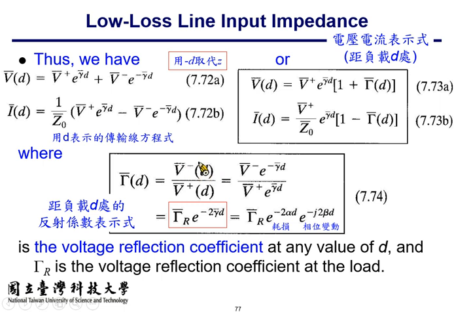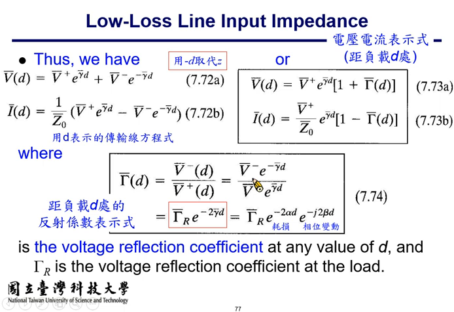The reverse going voltage at the position D can be expressed as the product of the reverse going voltage at the load times a phase adjustment. Oh, well, I'm sorry, this is not only the adjustment in phase.